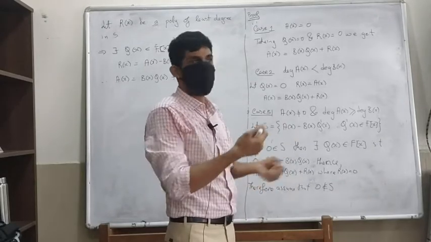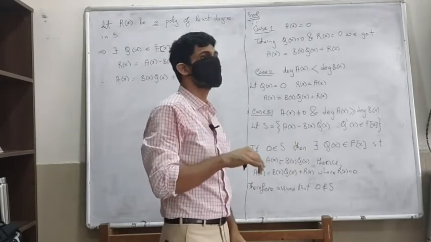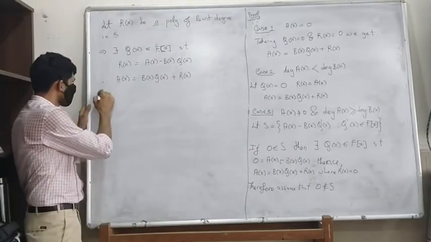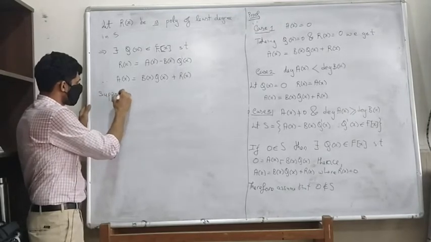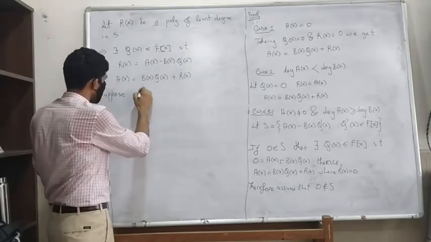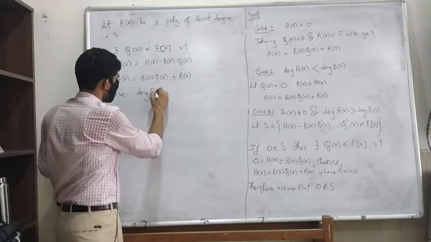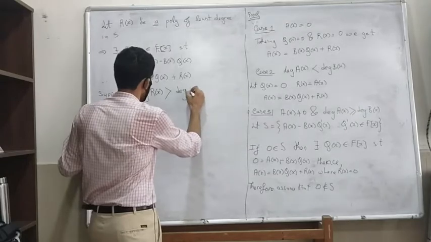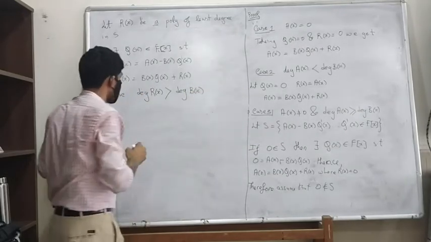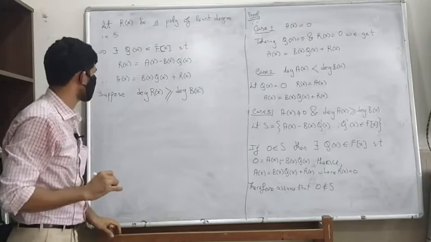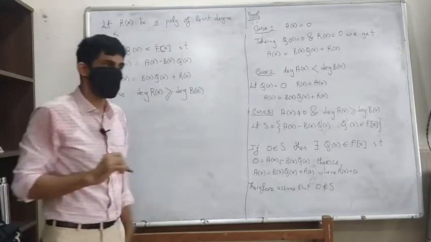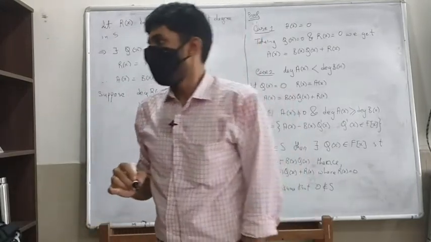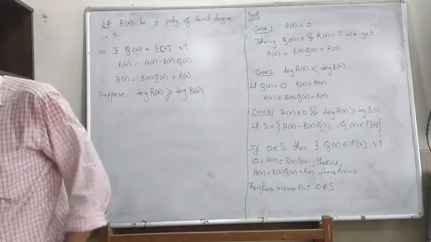So suppose the degree of R of x was greater than or equal to the degree of b of x. We should get a contradiction, and then it will tell us that the degree of R of x is strictly less than the degree of b of x.